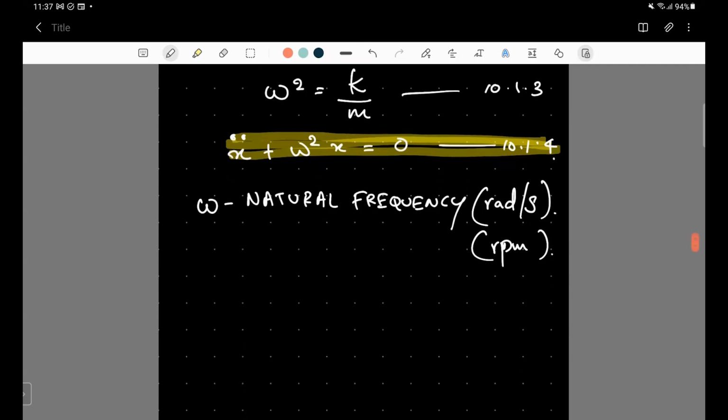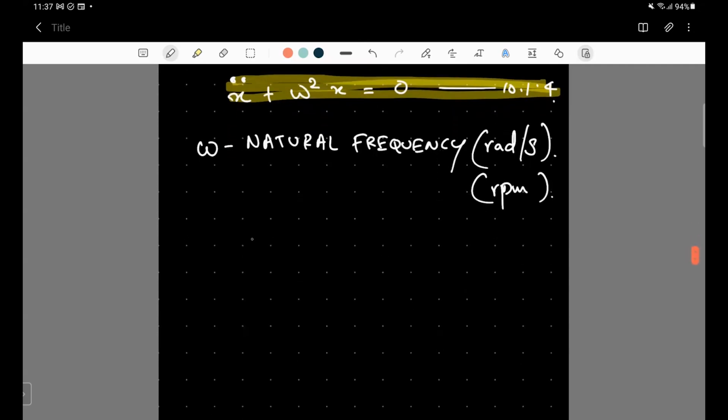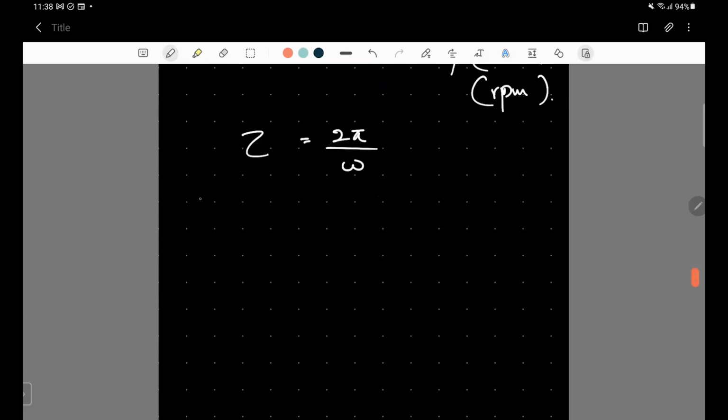We can define it by tau, which is equal to 2 pi divided by omega, where tau stands for the period of vibration.